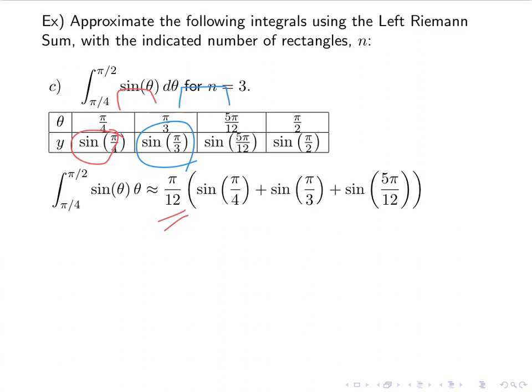And for our third, the left is sine of 5 pi over 12. If you're going to plug this into your calculator, play along, make sure you're closing all of these parentheses so that you're not trying to put sines inside of sines. It's not going to be something nice, right? We've got pi's out there, so our approximation is approximately 0.665.